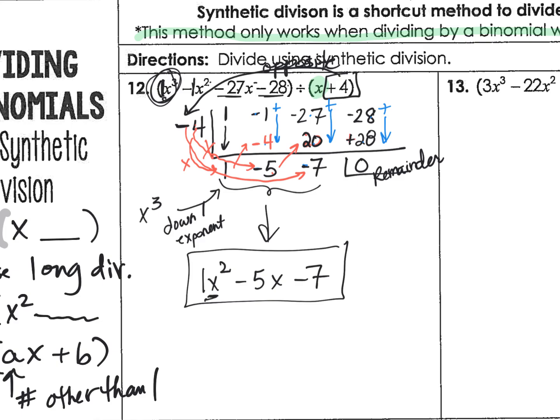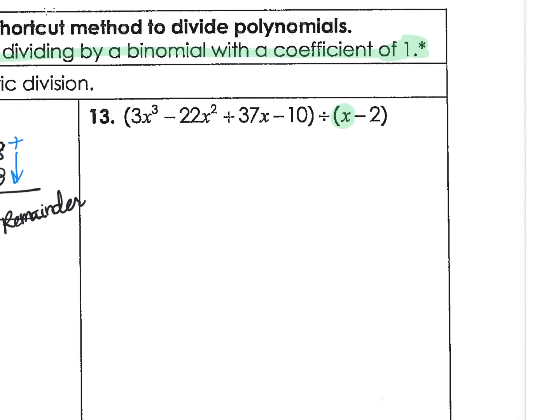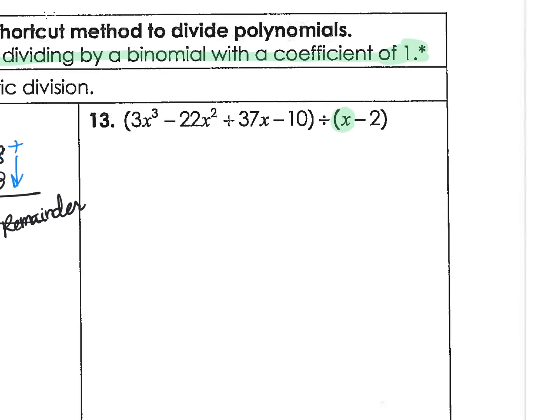So let's do it again. This is so much faster than polynomial long division. Some of you are probably leaping in joy right now. So we've got 3, 2, 1, 0. So this is 3, negative 22, positive 37, negative 10. The opposite of negative 2 goes out here as positive 2. 3 comes down. 2 times 3 is 6.